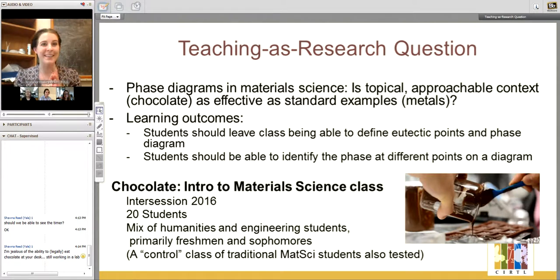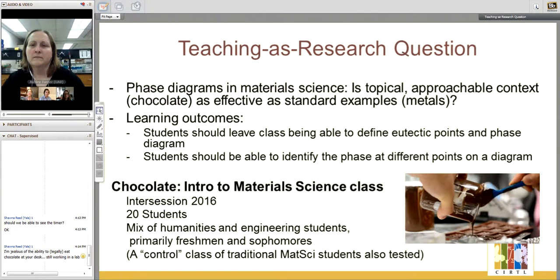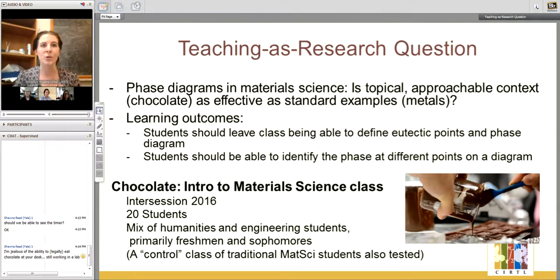But chocolate, there exists chocolate milk as a liquid. There exists chocolate ice cream as a solid. There exists chocolate chunk ice cream, where there's so much chocolate that it's come out into chunks. These are things that we all understand. So I wanted to ask the question: is teaching the concept of phase diagrams using chocolate as an example as effective as the standard material science examples, which are those simple metals like steel?